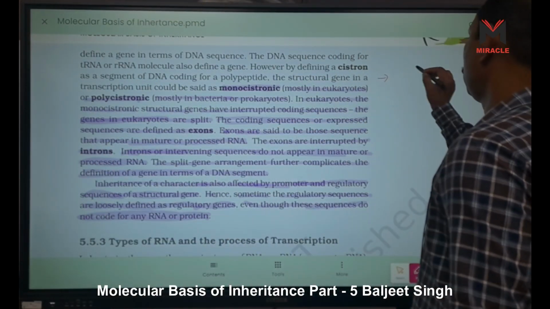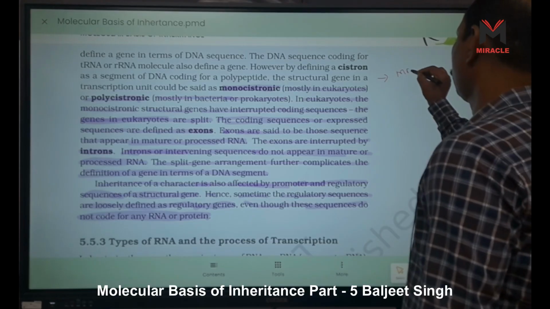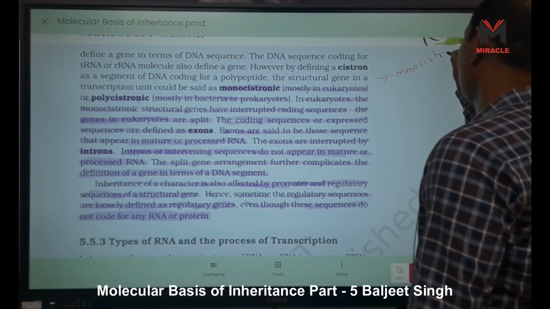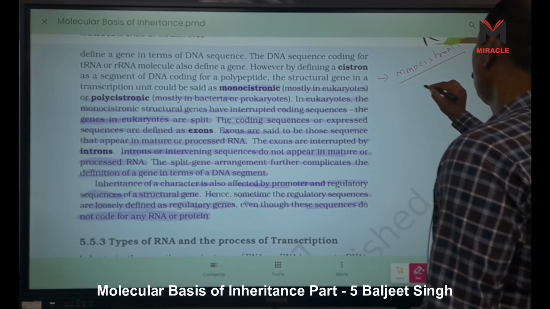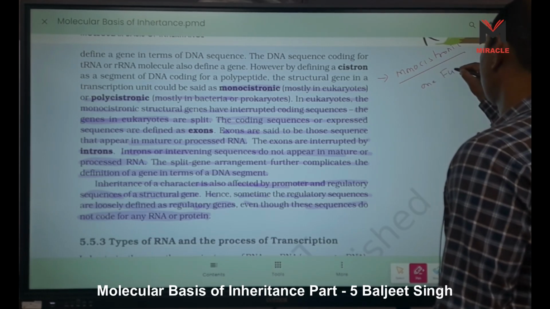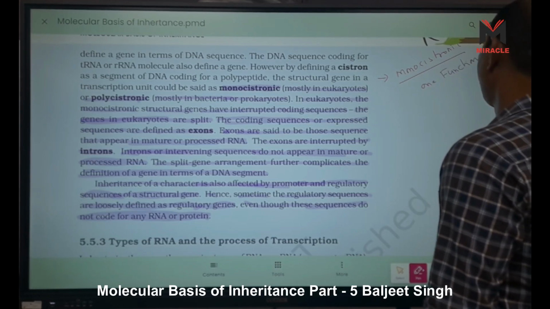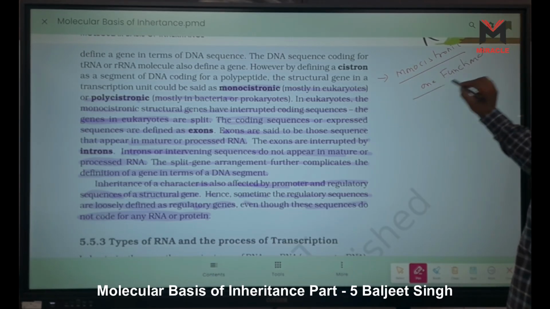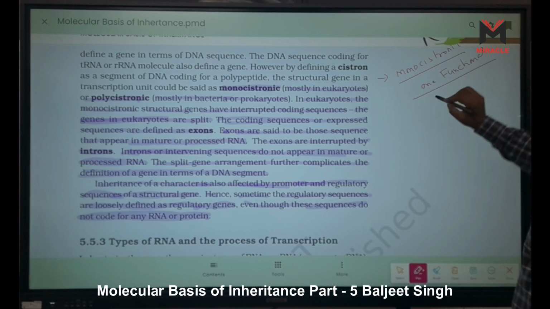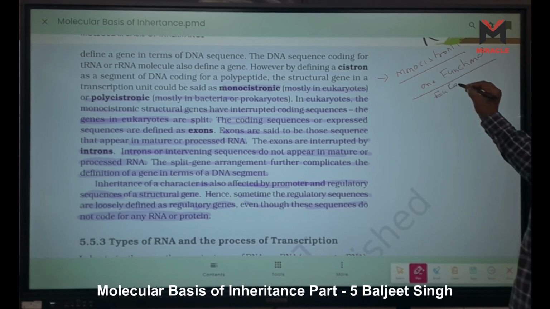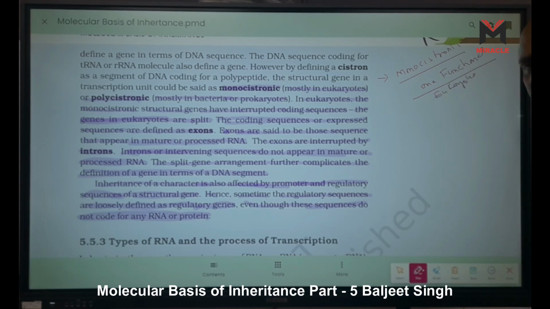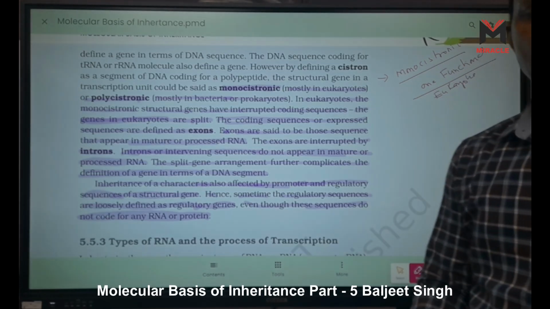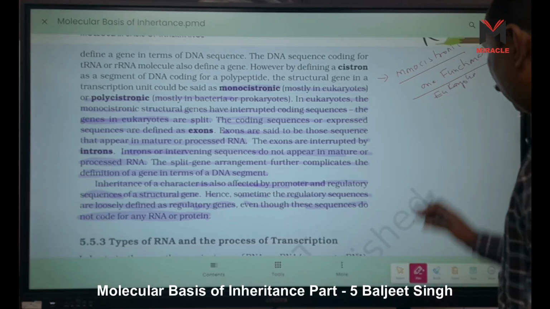One is called monocistronic. Monocistronic means only one functional unit, right? That is present in only eukaryotes, except which one? Histone protein. Genes which are responsible for formation of histone protein are the exception.